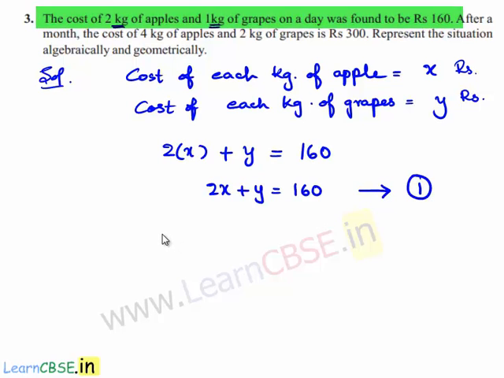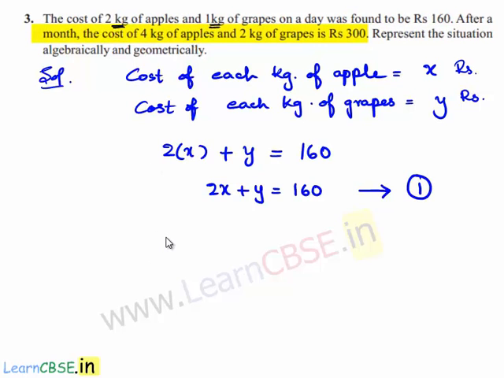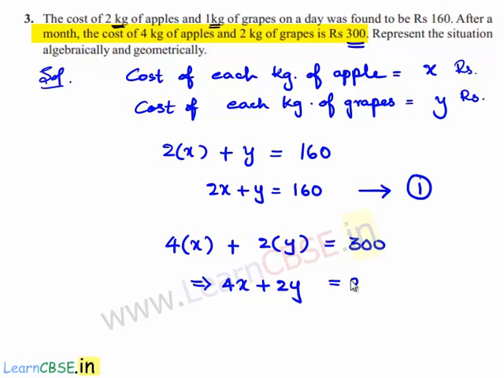And using the second condition, the cost of 4 kg of apples is 4 times x and the cost of 2 kg of grapes is 2 times y. So the total cost is equal to 300 rupees. So we can write this as 4x plus 2y is equal to 300.